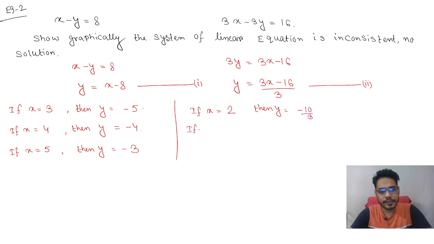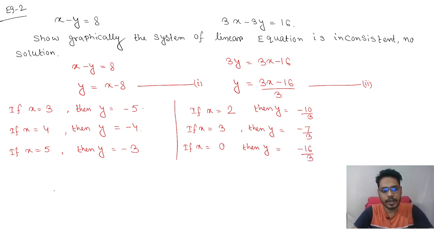Now if x is equal to 3, then y will be equal to minus 7 by 3. If x is equal to 0, then y will be equal to minus 16 by 3. Now put the points in the table.